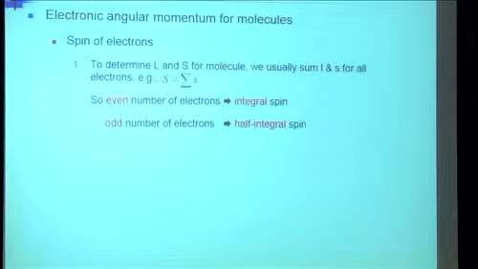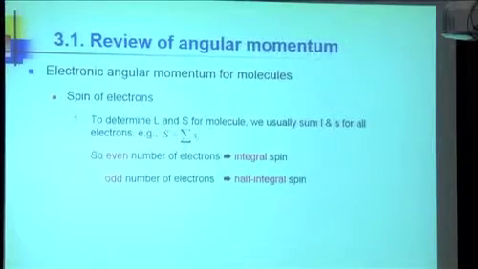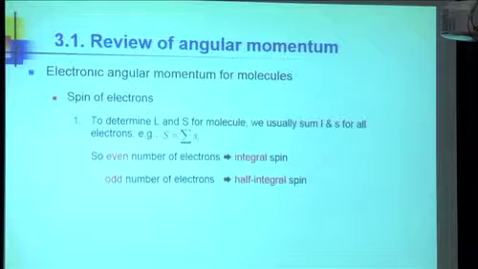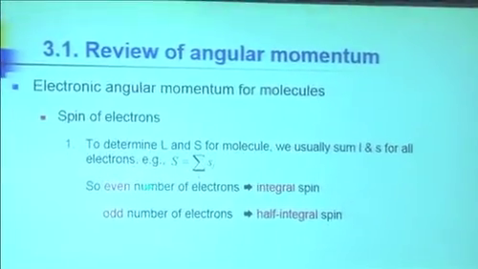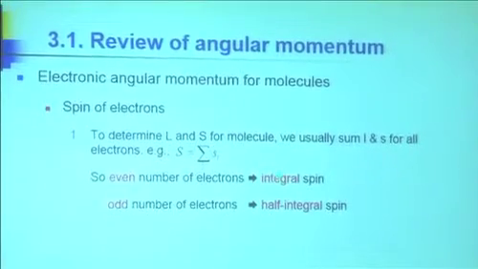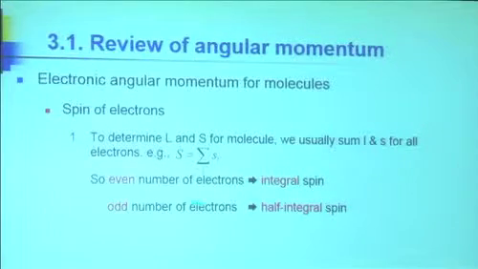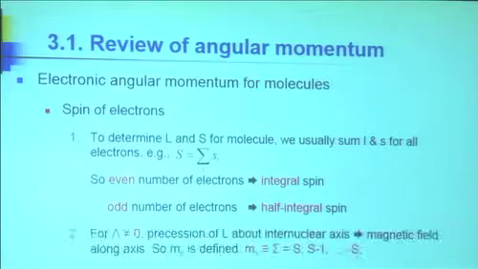Okay, spin. We get the spin by looking only at the electrons outside of the closed shell. If there's an even number of these electrons that pair up, that's an integral. Odd number is half integral. So it's always something like 0, 1/2, 1. But sometimes we see an integral. An integral means that they're paired up.